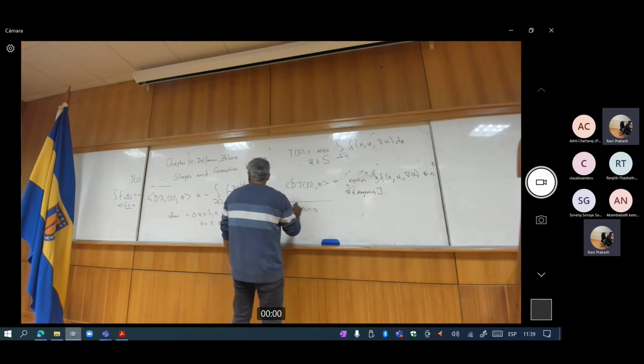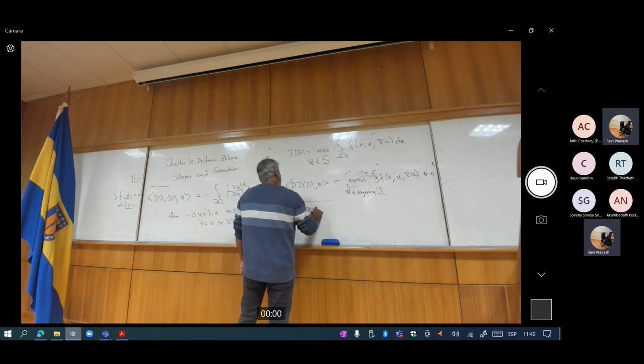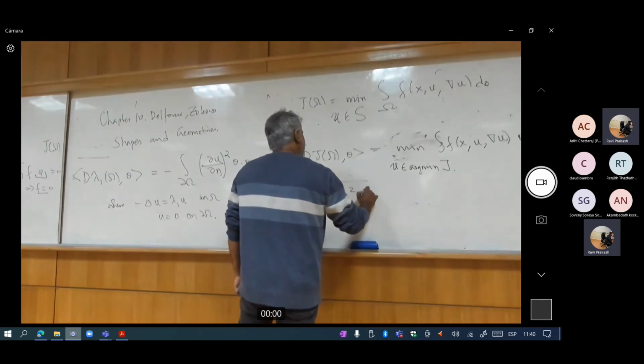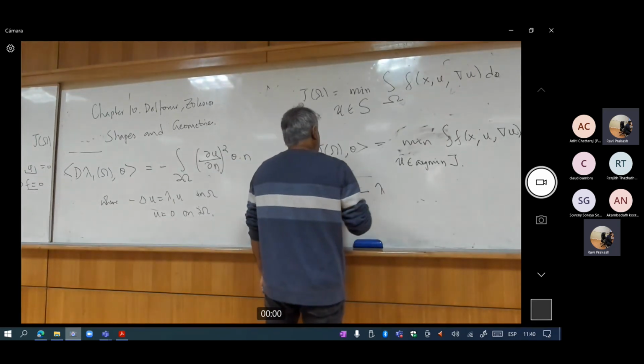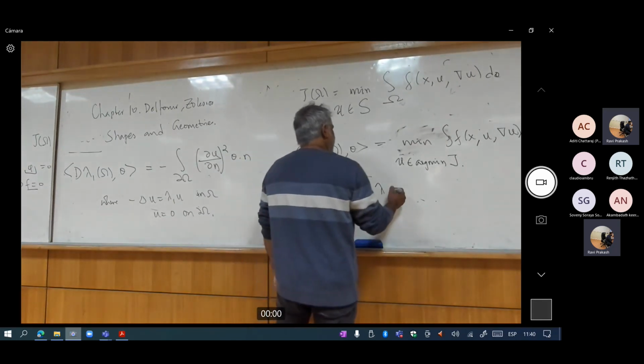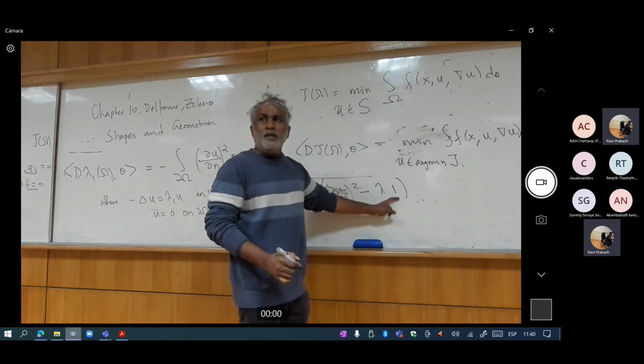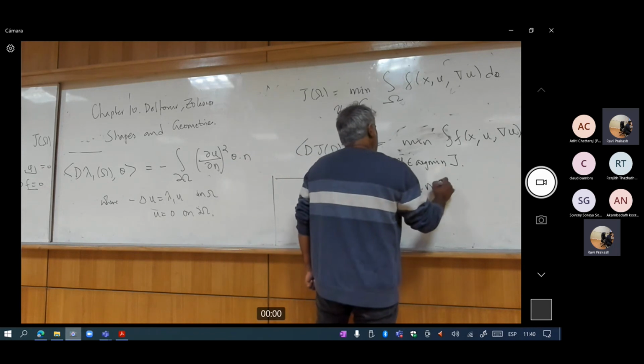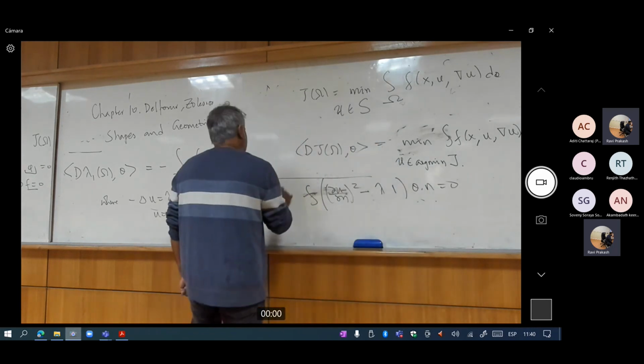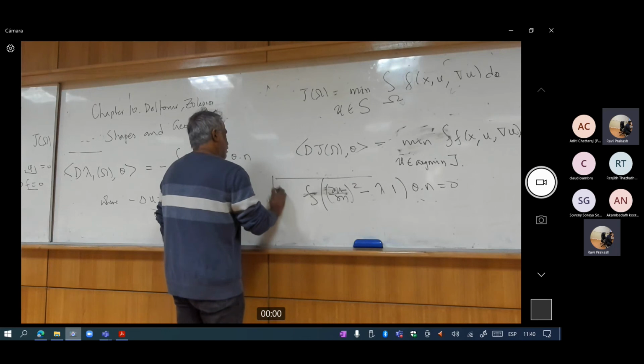So this would mean that the integral of the normal derivative squared minus the constant, the Lagrange multiplier, and since it's the area function, the constant which multiplies is 1, times theta dot n should be 0. This is the necessary condition for a minimum.